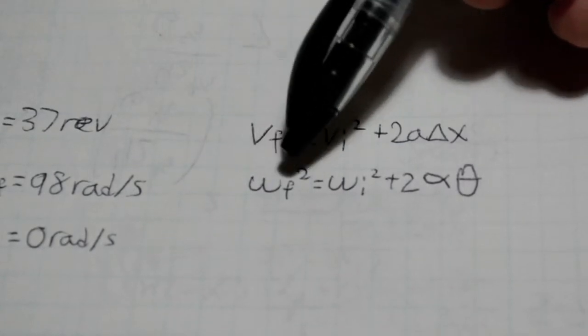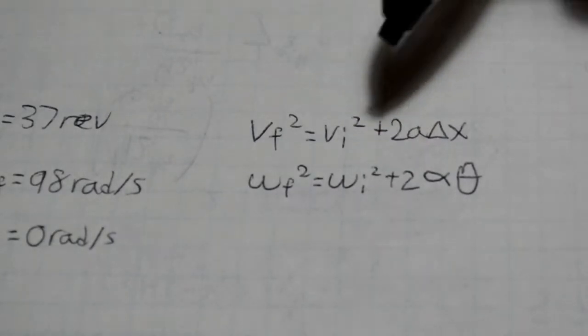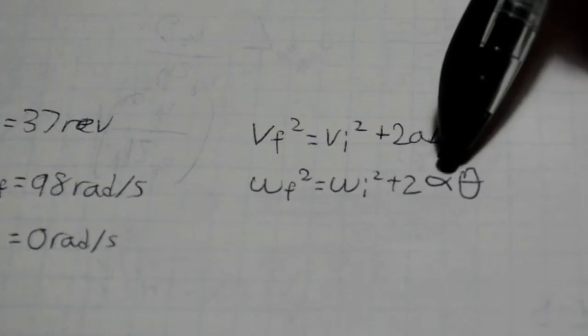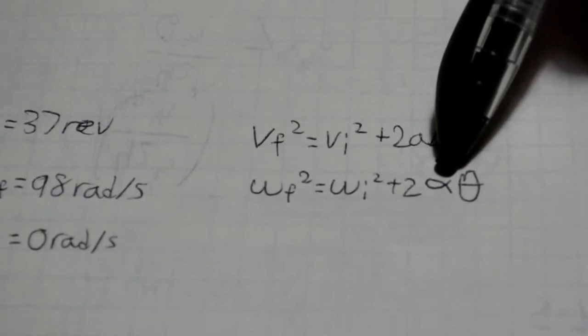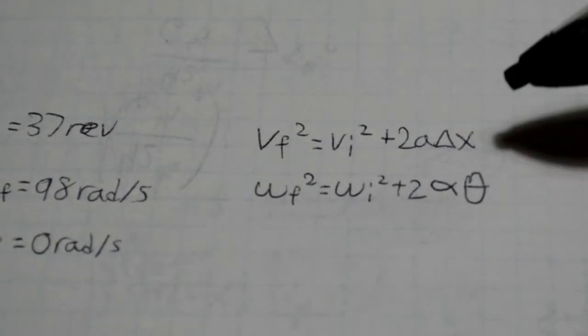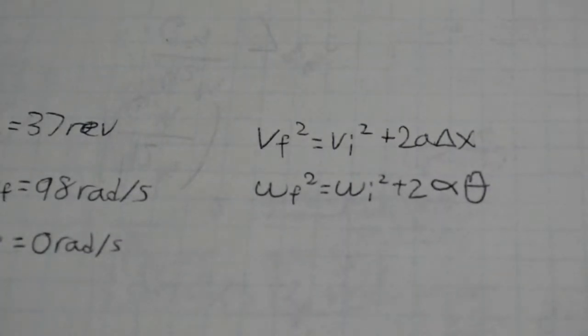So angular velocity final squared equals angular velocity initial squared plus 2. That's a constant. And then this fishy thing is called an alpha. That is your angular acceleration. And then this theta is your angular displacement. This is modeled after the fourth kinematic, which we already have memorized.